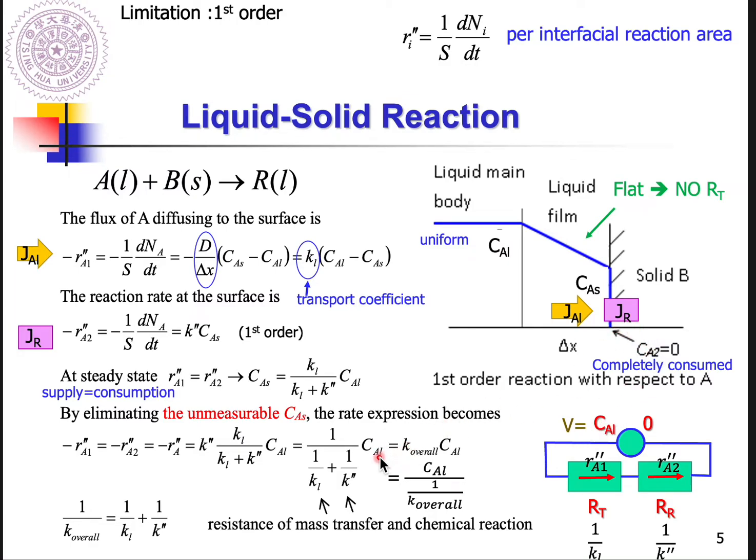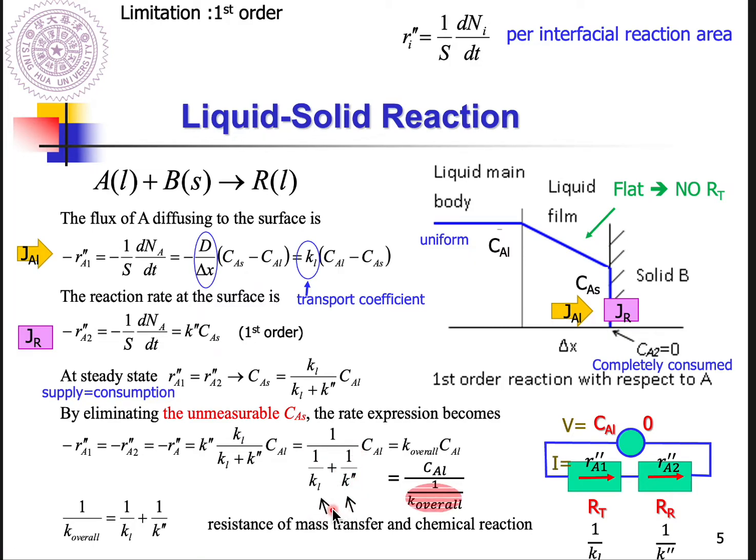So CAL minus 0 serves as the driving force, like V. I is the flux, because the flux passing through the resistances is the same. So V equals I times R, and this is the total resistance, including the transport and the chemical reaction. Some people also write it as the driving force CAL minus 0, the flux, and the overall resistance, including the mass transport and reaction.